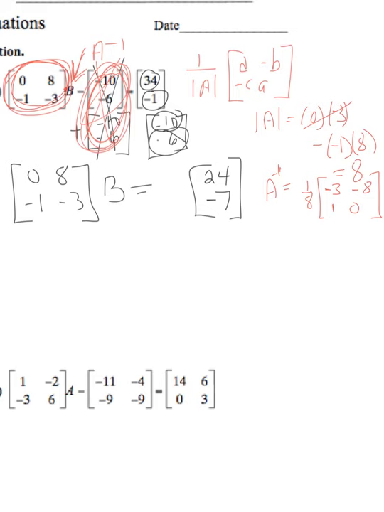Okay, for this purpose, I'm going to go ahead and multiply that 1/8 in there. So the inverse is negative 3/8, negative 1, negative 1/8, and 0. I just took this 1/8 and multiplied it all the way in there. Okay, so there's our inverse.